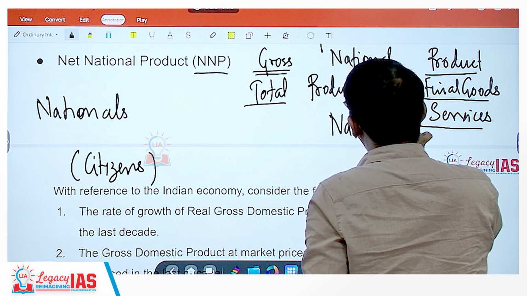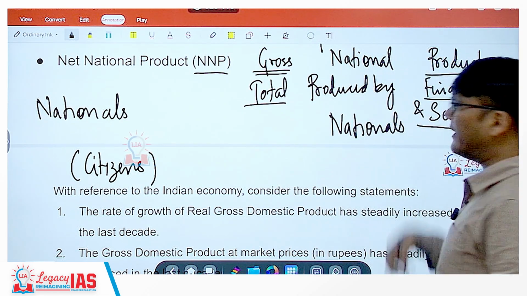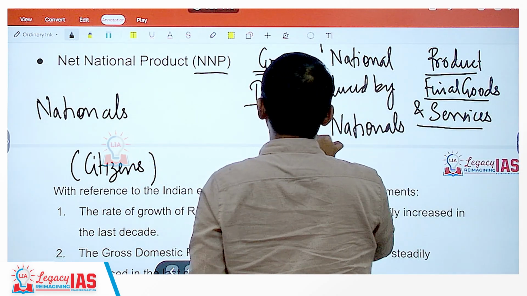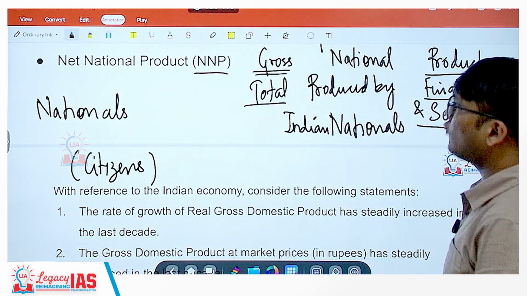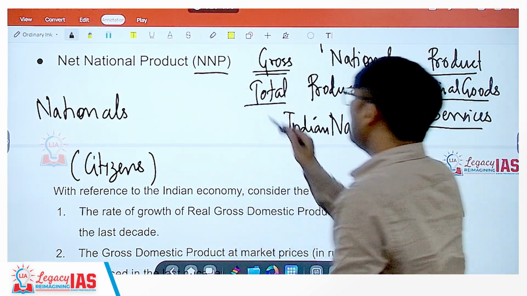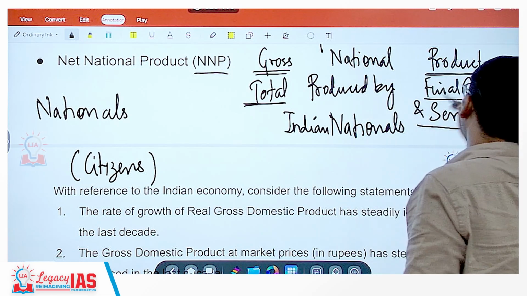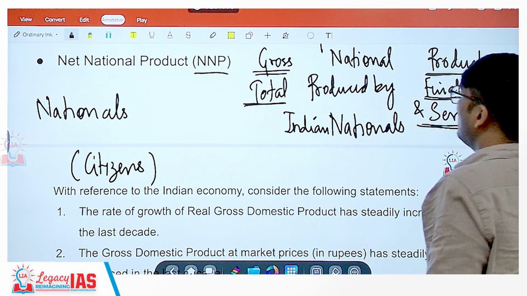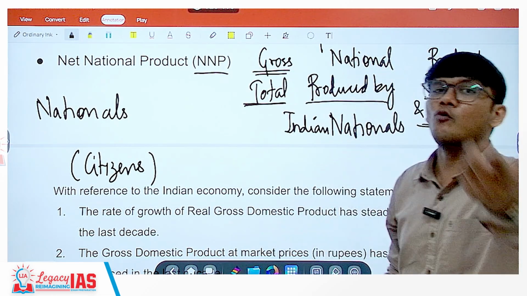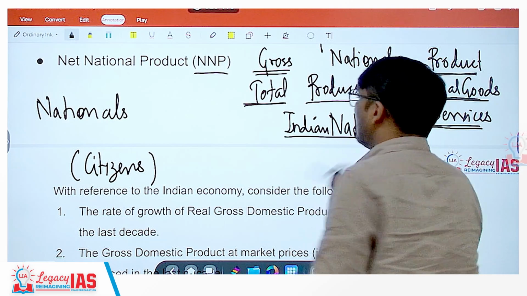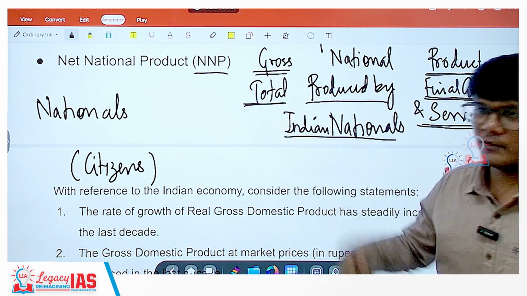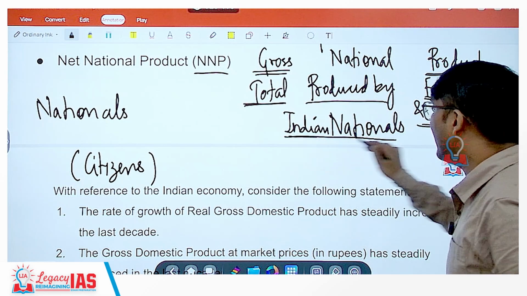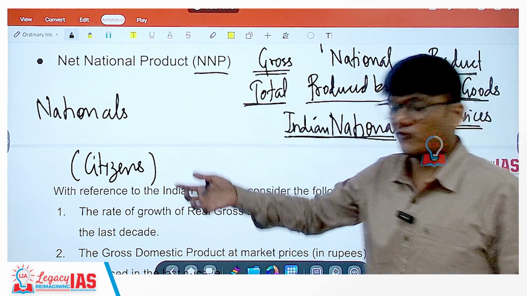And since we are talking about the Indian GDP, it would be the Indian nationals. So what is gross national product? Total value of final goods and services produced by whom? By the Indian nationals. There the question was where? Within the boundary of India. So domestic product. By whom? By the Indian nationals. Hence, it is the gross national product.